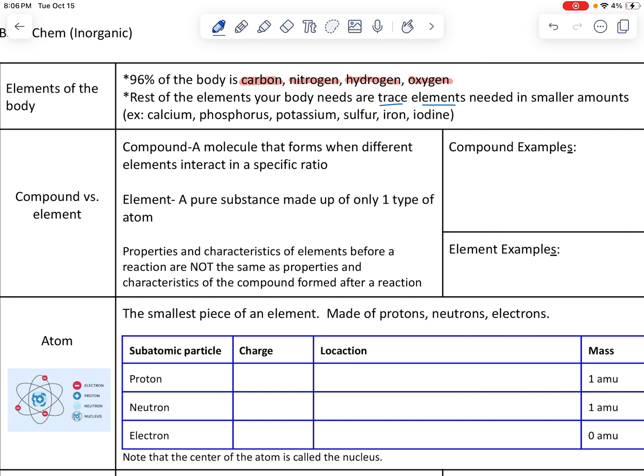The next section is really looking at the differences between compounds and elements, and they are very different. A compound is basically a combination of atoms bonded together in a very specific ratio.